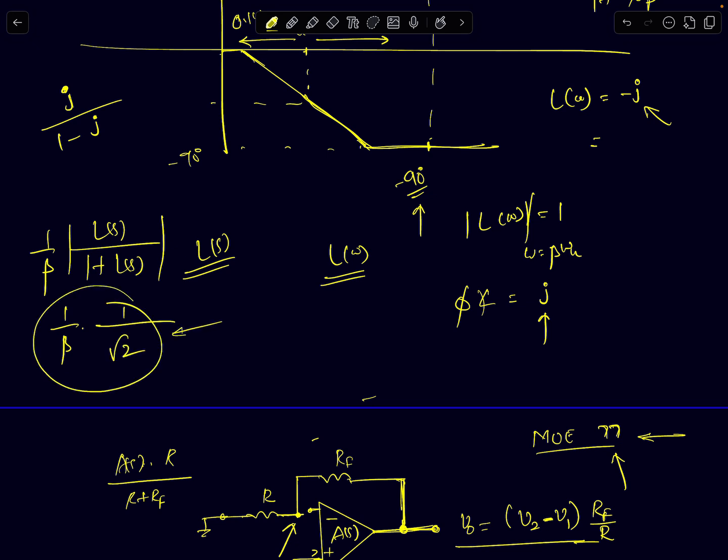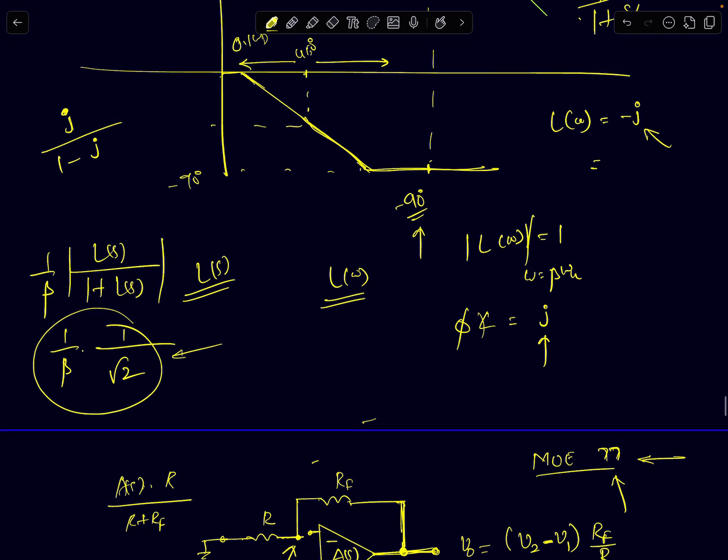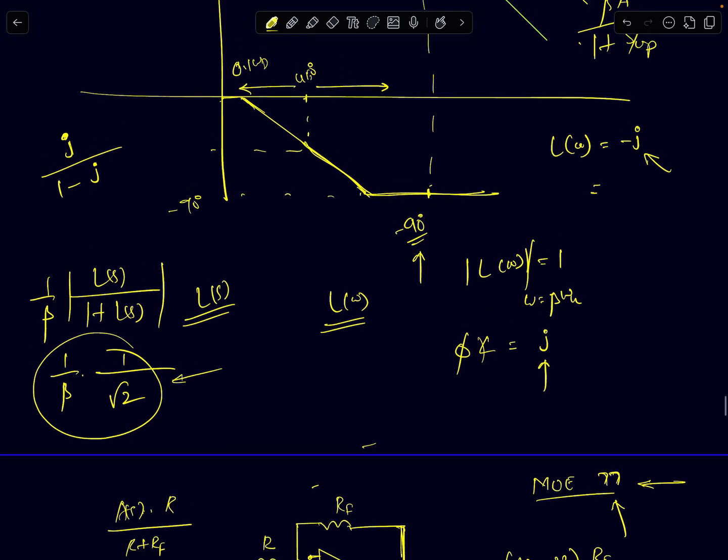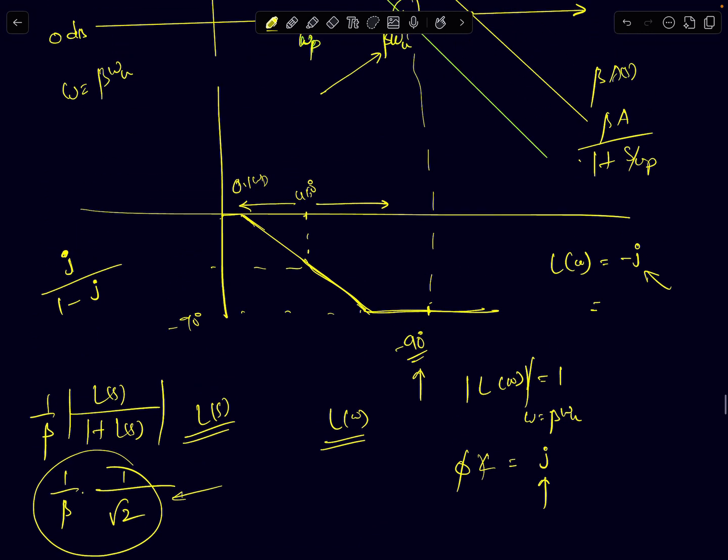Therefore the gain becomes 1 by root 2 of its initial value, and this happens at the 3 dB bandwidth, or the pole of the closed loop response. So that's one intuition, because I just wanted to stress this point to show you guys what the phase response of the loop gain looks like near the unity gain frequency, especially for systems with fixed beta. Therefore I can treat them like a single pole system.